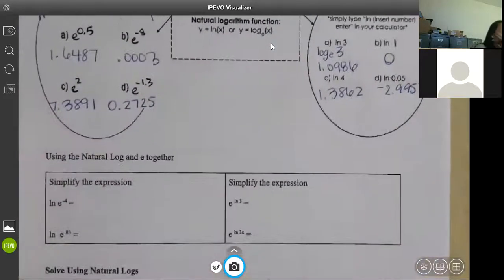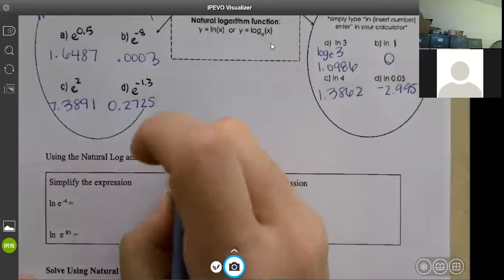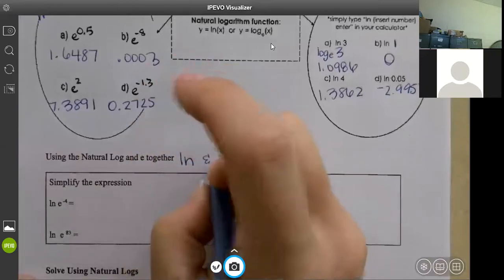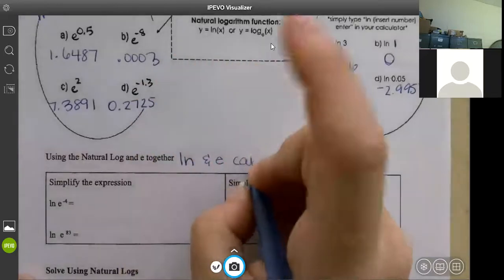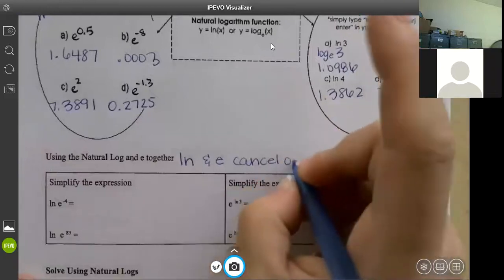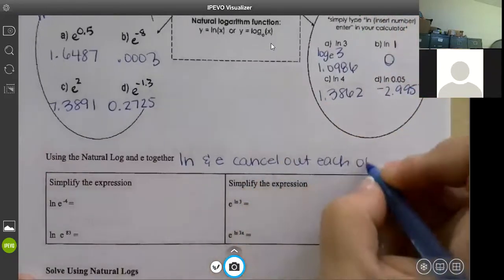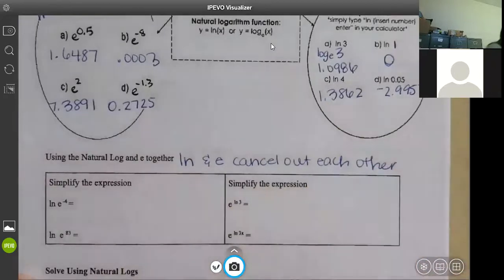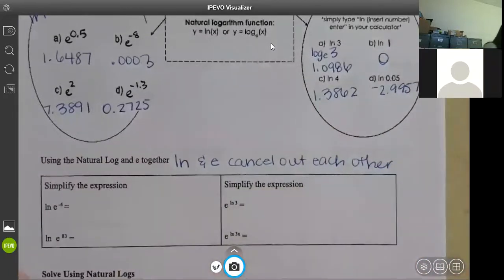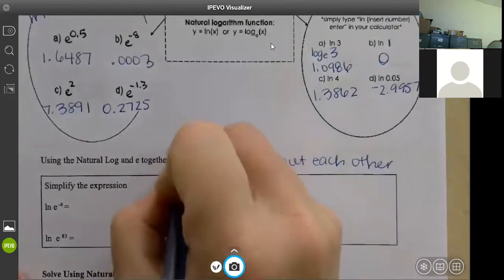All right. Using it together, ln and e cancel each other out. Okay, ln and e cancel out each other. So here's why they cancel out.